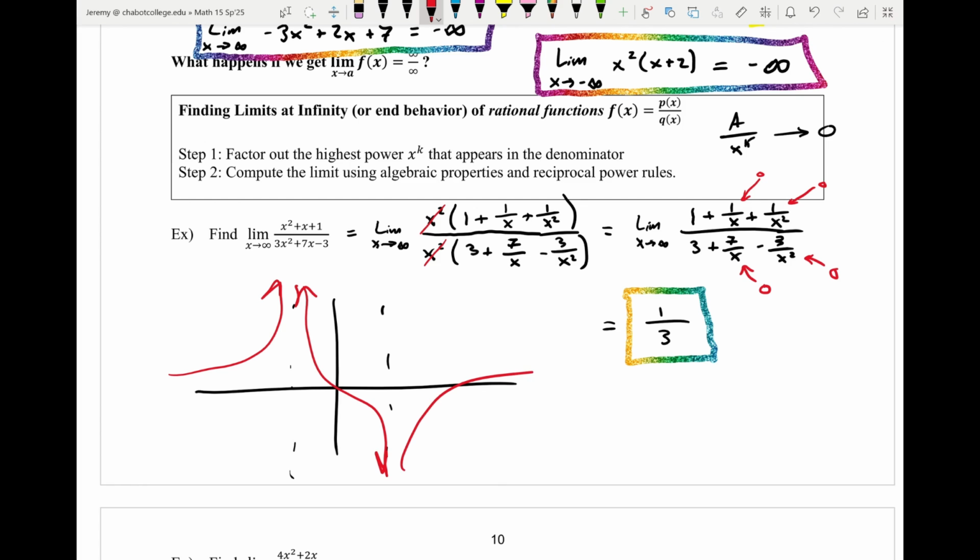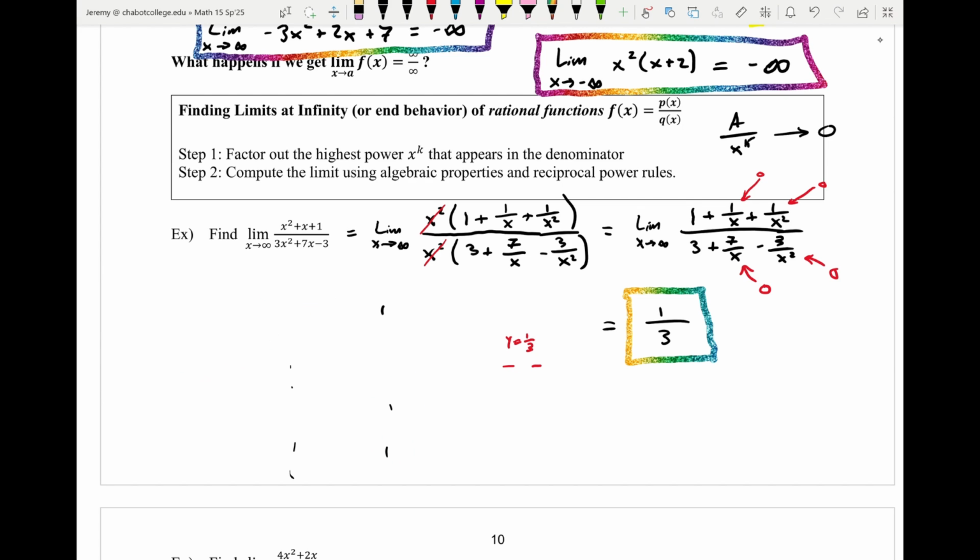But the important thing is you're going to see that these converge to this horizontal line, y equals 1/3. So the horizontal asymptote is going to be y equals 1/3. Okay, so the long run behavior of this function is going to approach that horizontal line.